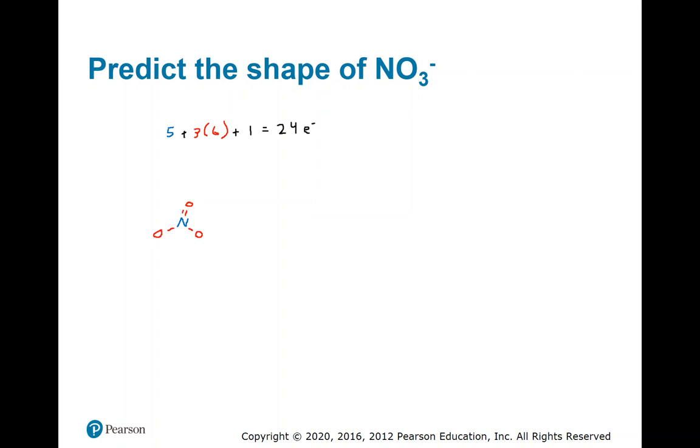And the 3 resonance forms just differ in terms of where that double bond is. And wherever you have a double bond, of course, we've taken a lone pair from that oxygen and turned it into a bonding pair. So the double bonded oxygen will have 2 lone pairs, the singly bonded oxygens will have 3, and the other 2 resonance forms are basically just the same, but with the nitrogen-oxygen double bond in one of the other positions.